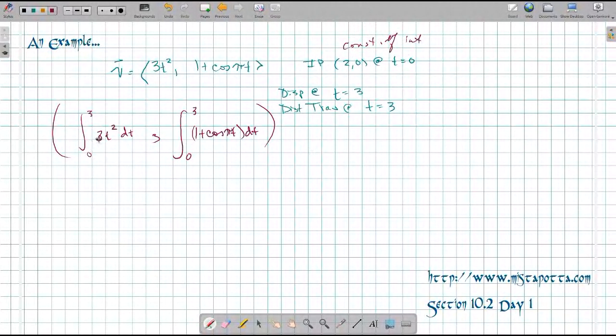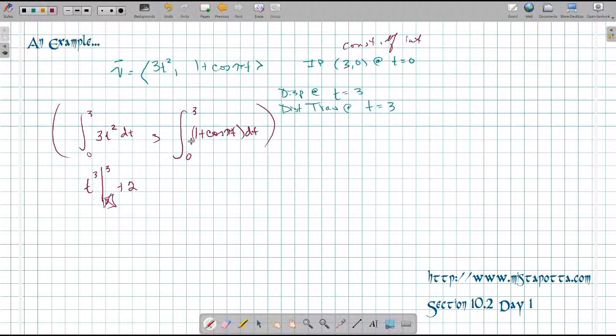So the antiderivative of 3t squared would be t cubed, which I'm evaluating from 0 to 3. And I'm going to have to add 2 to this because this is my displacement. That's going to take care of this term, make it go away, and really find the position when t equals 3.